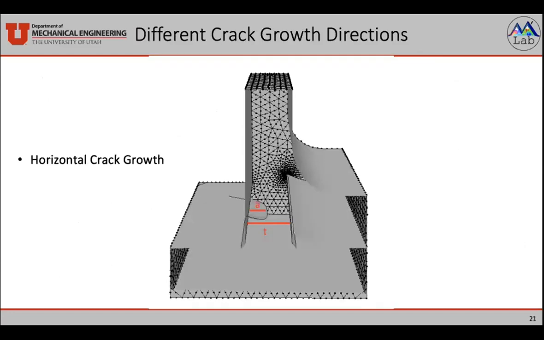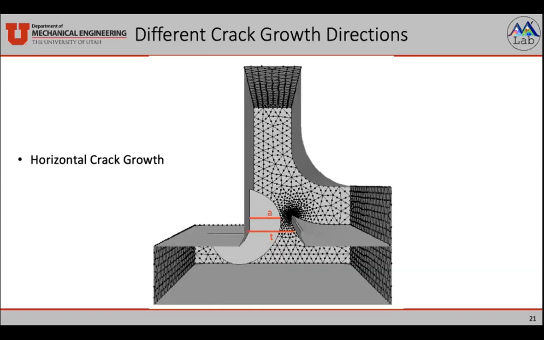I'll illustrate that here, where we have a simple example of horizontal crack growth, where it grows from the left side over to the right side. The thickness was simple to calculate, just the thickness of the weld here, because the crack grows almost self-similarly. And the crack depth is the deepest point of the crack, or the closest one to that back surface.